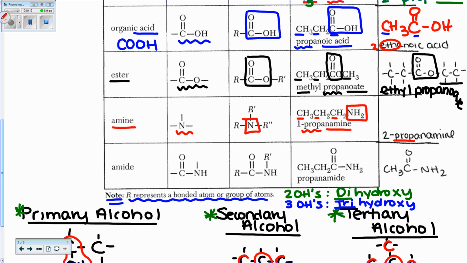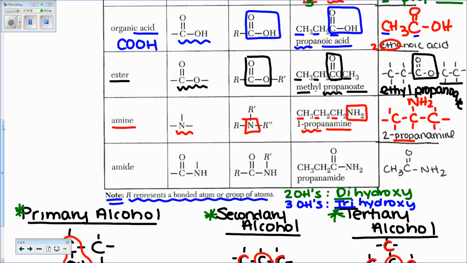Prop means 3. 1, 2, 3. On the second carbon, put your amine group, your N, fill in with C's, and I would just copy. That N had two H's on it, so I would just go with that and write NH2. So 2-propanamine because it's on the second one.